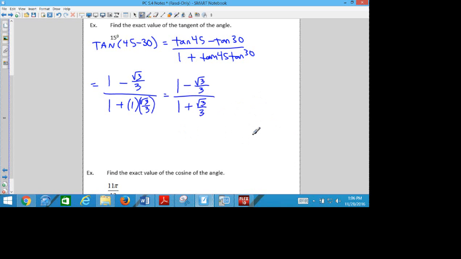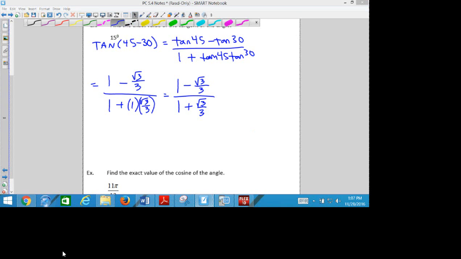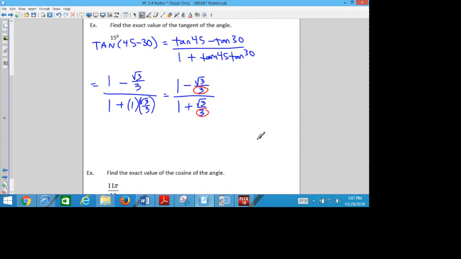So now we're going to visit previous courses where I cannot leave a fraction inside of a fraction. I can't leave a denominator that has a radical in the denominator. So there are things that I need to do to manipulate this, and there are different ways of manipulating this. I'm just choosing one way. You could do it a different way. I am going to first get rid of the fractions inside the fraction.